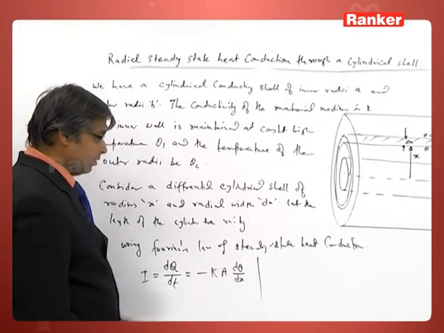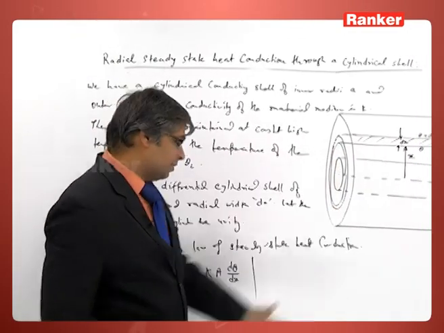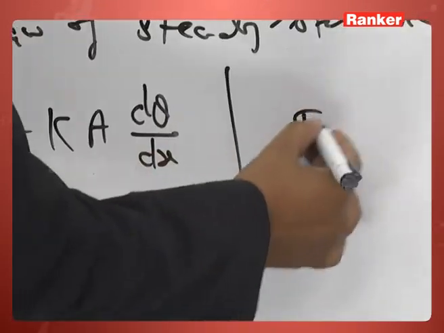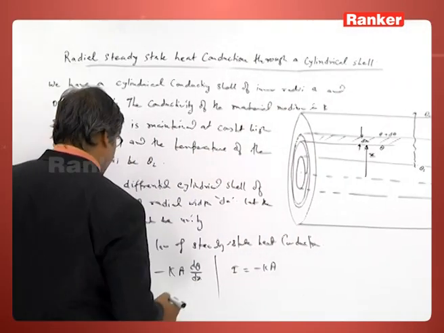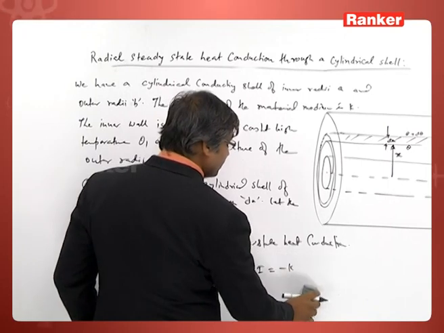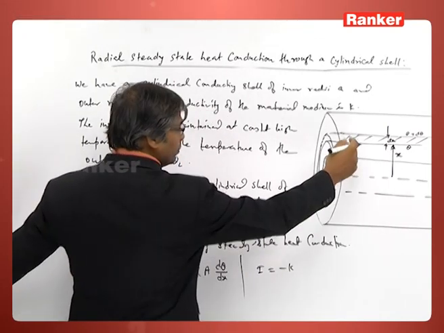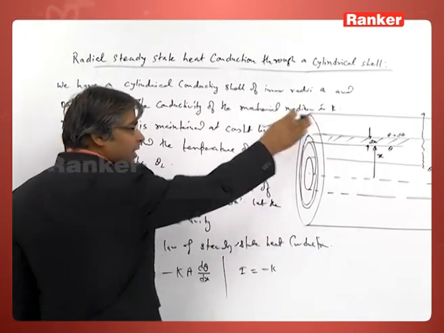This is our law. When I apply this law here, it gives us I is equal to minus K A. In place of area, I have to use the curved surface area.